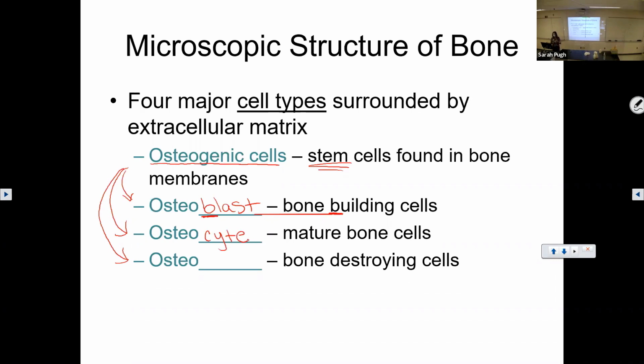These are just mature bone cells. So we've talked a little bit about these 2 already. Remember, in our bone, we have osteocytes in lacuna. So remember, it's a tough tissue. Cartilage and bone, the cells are found in lacuna.